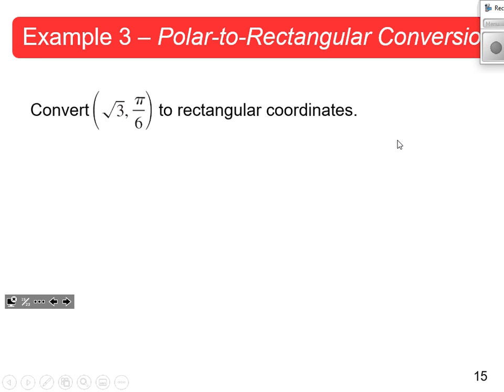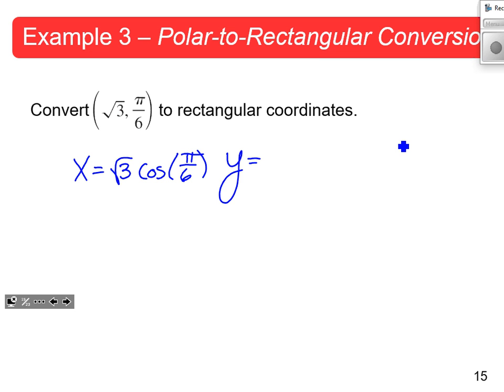Convert square root of 3 comma pi over 6 to rectangular coordinates. Well, x is r cosine of our angle, and y is r sine of our angle, pi over 6. So we can type it in.